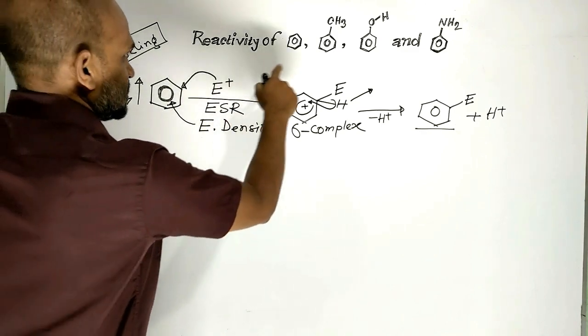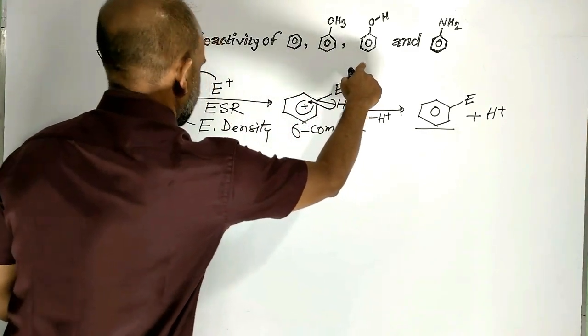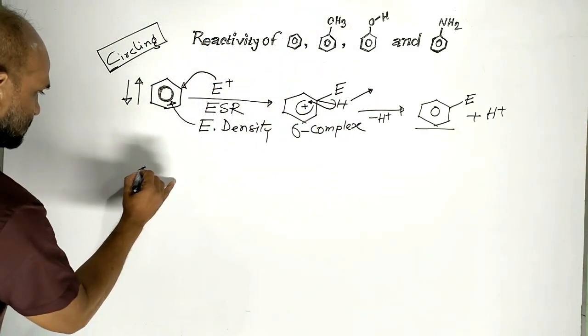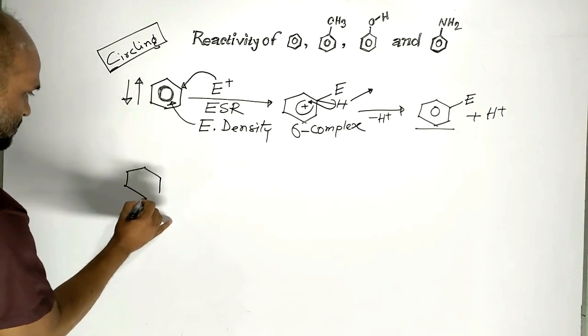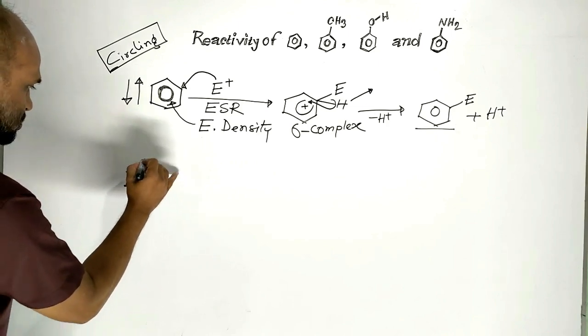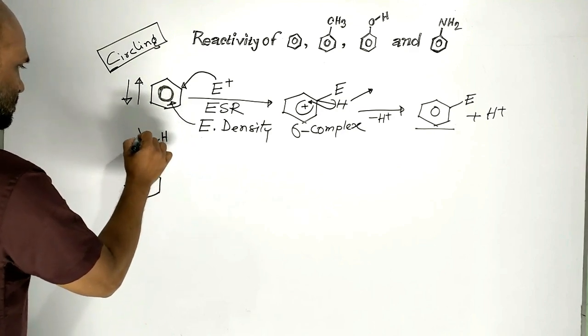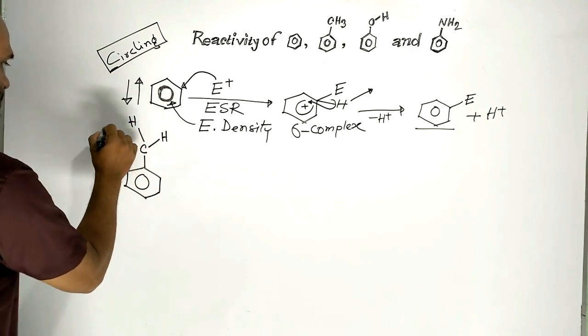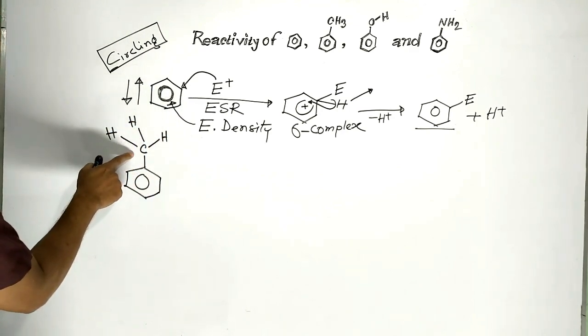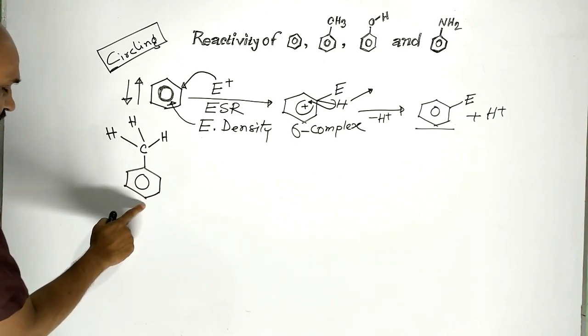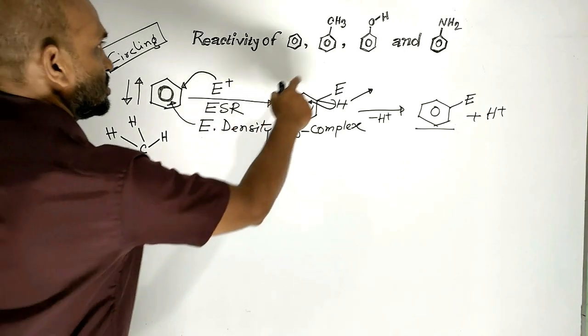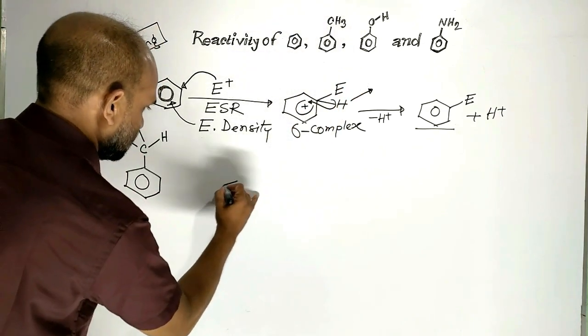Now, let us see about these compounds. Toluene. Here, this is methyl group, which is also known as methyl benzene. Then, phenol.